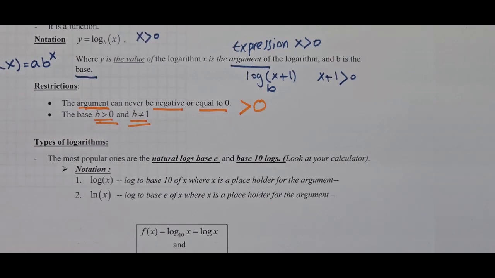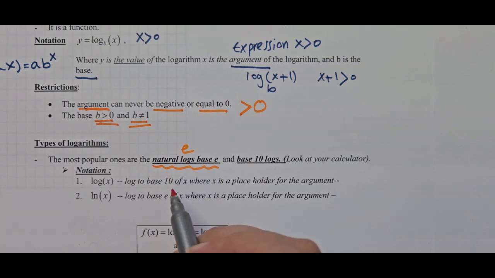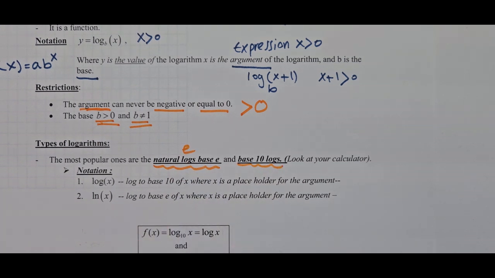Now let's talk about the different types of logarithm. There are two very important common ones. One is the natural log, so the base is e, the exponential, and the other one is to the base 10. Even if you open your calculator, you will see these two.